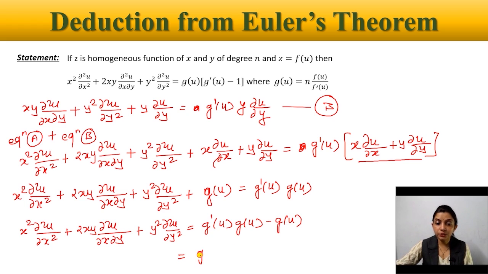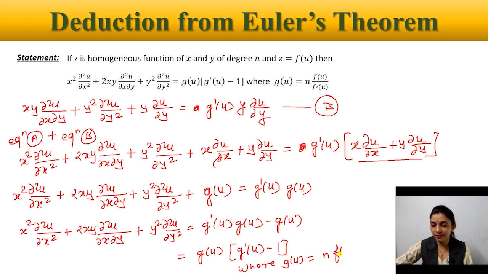When I take g(u) common, what remains? Yes, it is g'(u) minus 1. And what is the value of g(u)? It is n into f(u) upon f'(u). This is the value of g(u).